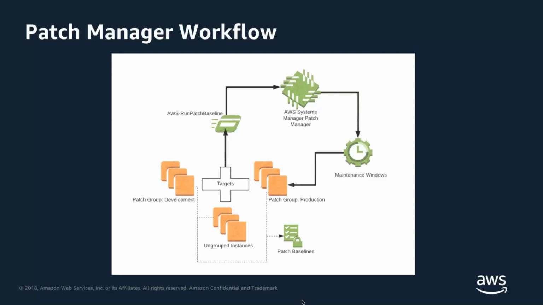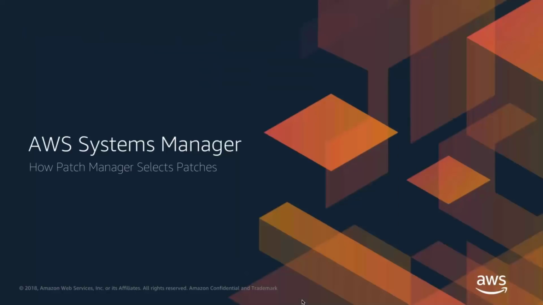And then using a Systems Manager capability called Run Command, you will execute the AWS Run Patch Baseline to deploy patches against either ungrouped targets, ungrouped instances or servers, or you can also group them together using what we call a patch group, that we will cover in the later section. In this way, you'll be able to automate your entire patch deployment workflow. With this, we'll look into how Patch Manager selects patches.